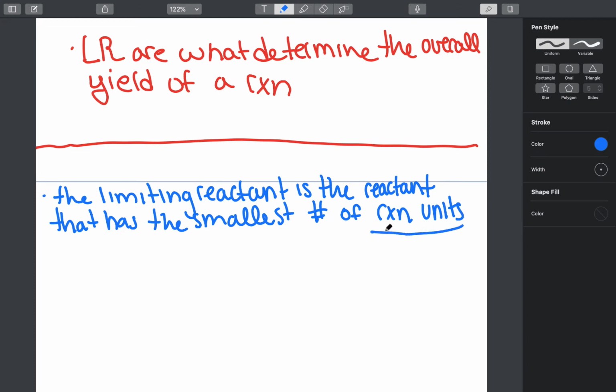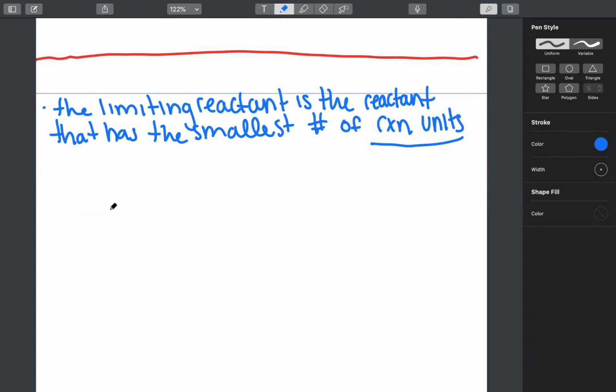So what is a reaction unit? Well, reaction units are actually very easy to understand. So a reaction unit is actually just a ratio.